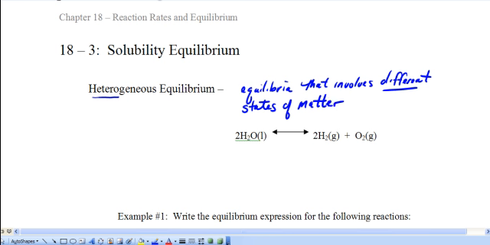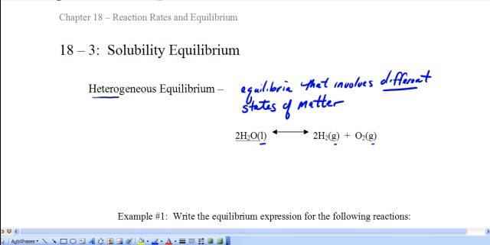All right? So what do we mean by this? Well, if you look at this particular reaction below, you have water, which is in the liquid phase, and you have the hydrogen and oxygen that are released in the gaseous phase. So anytime you have different states of matter, it's going to be a heterogeneous equilibrium.